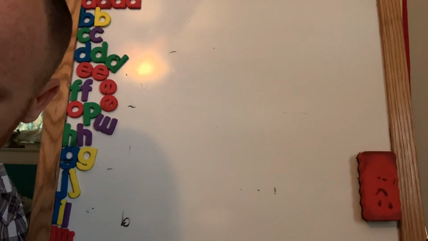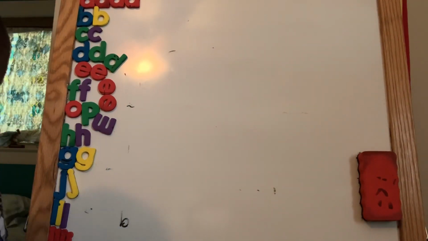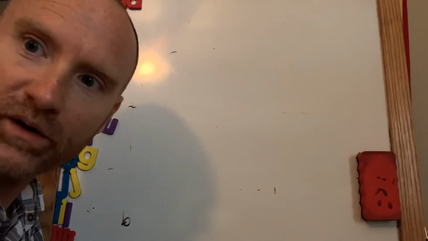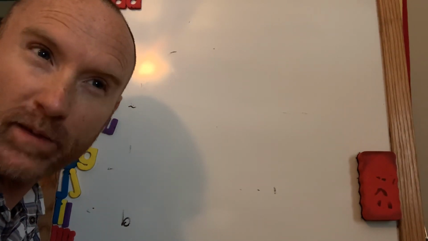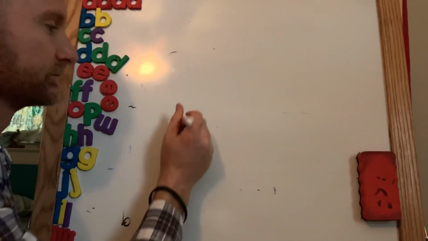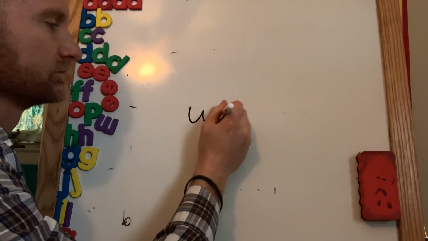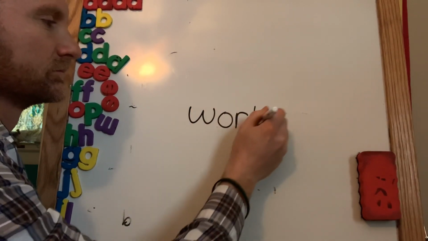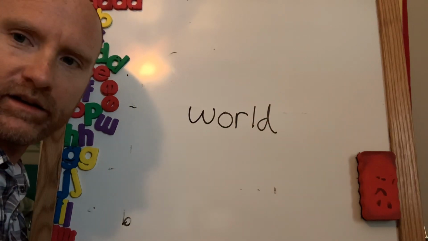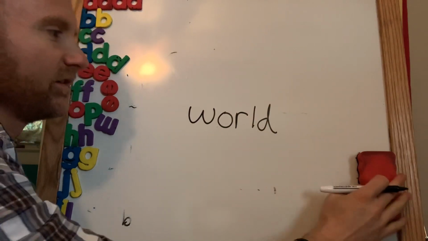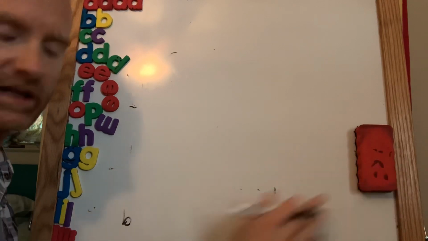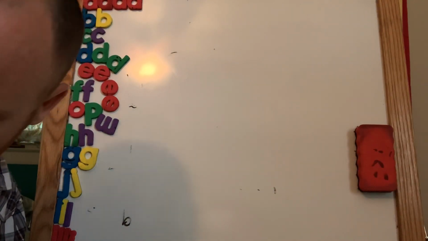All right, let's try a trick word. "World." Okay, "world." See if you can remember it. Pause it and try it. Okay, how did you do? Okay, fix it if you didn't get it right. It's okay to make mistakes, right? Always okay.